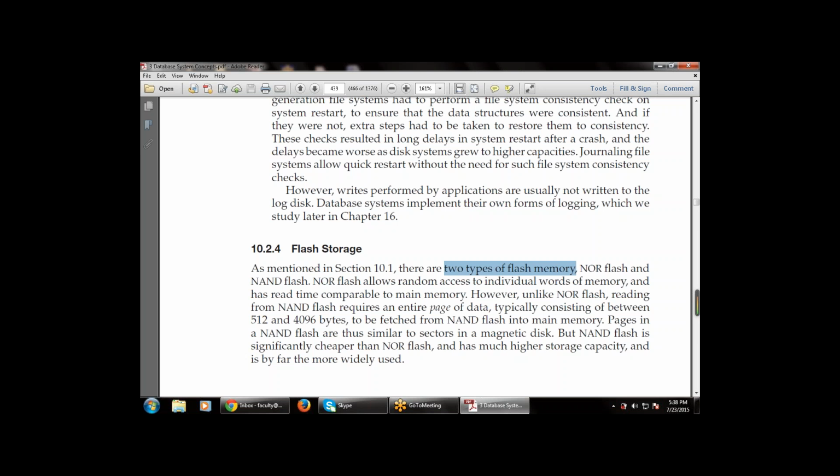However, unlike NOR flash, reading from NAND flash requires an entire page of data, typically between 512 and 4096 bytes, to be fetched from the NAND flash into main memory.